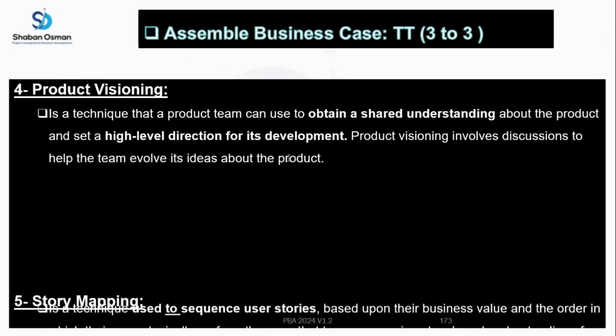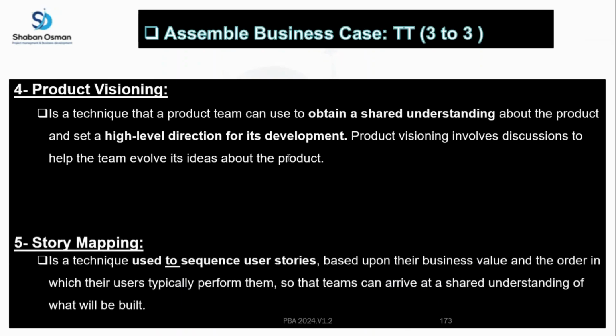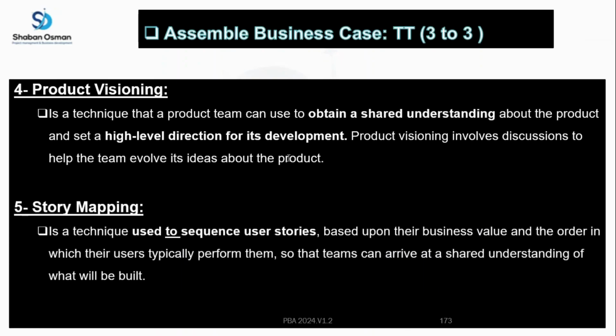The next technique, and the last one, is product visioning. Product visioning and story mapping were discussed during the previous process, when we said that product visioning is a technique the product team can use to obtain a shared understanding amongst the stakeholders about the high-level direction for its development.